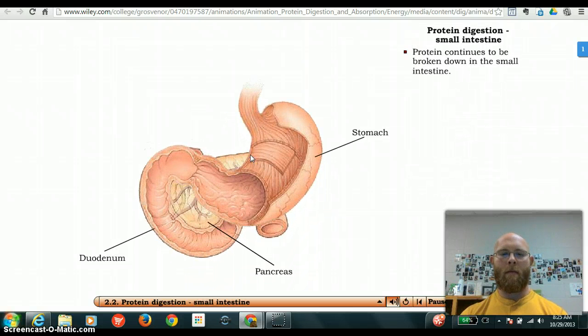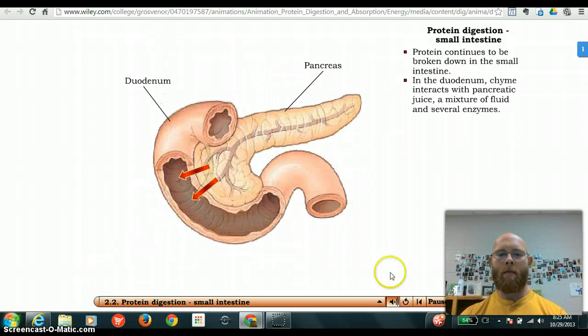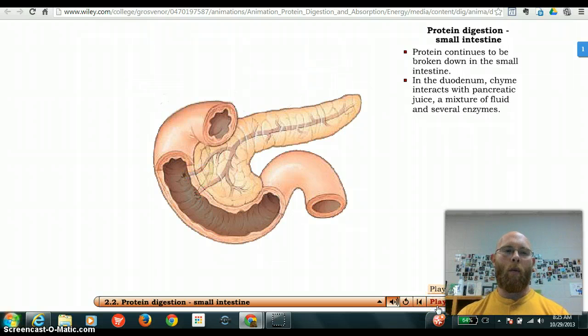Protein digestion continues in the duodenum of the small intestine by a digestive mixture called pancreatic juice. So once the food leaves the stomach, it goes into the first section of the small intestine called the duodenum, depending on who you talk to.